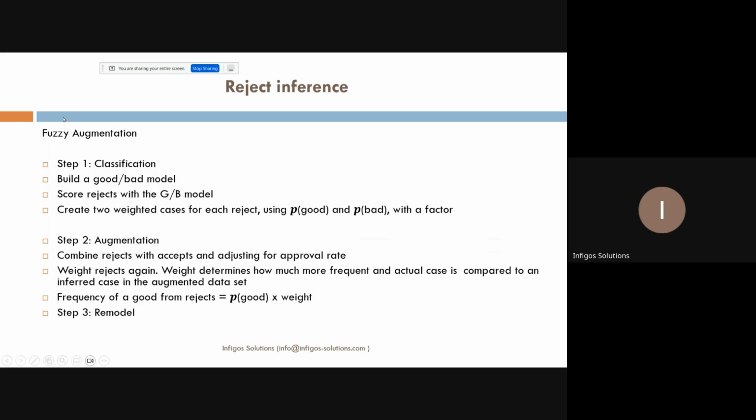For instance, if the probability of default is 0.3, then you say 0.3 is the weight, and you assign the default value as 1. And 1 minus 0.3, which is 0.7, you will assign the value as 0. So you will create two observations from each observation to do the fuzzy augmentation. Is this okay?